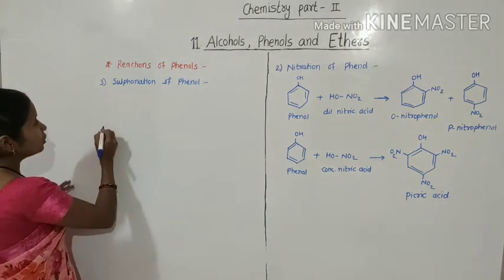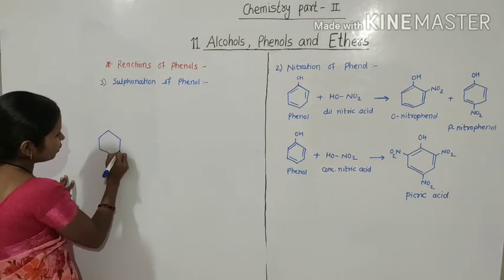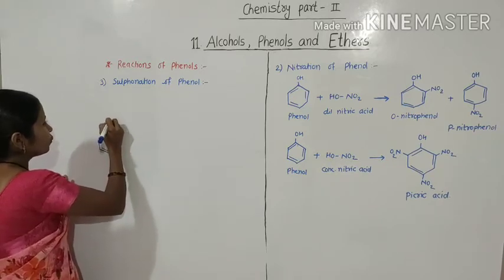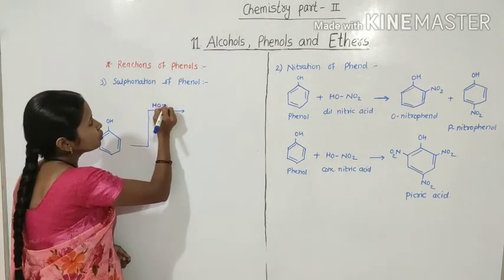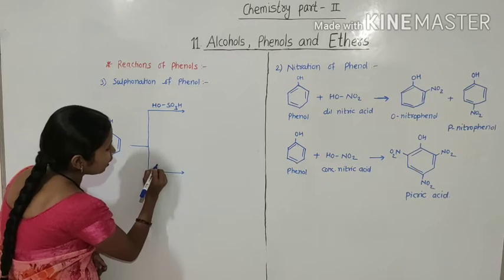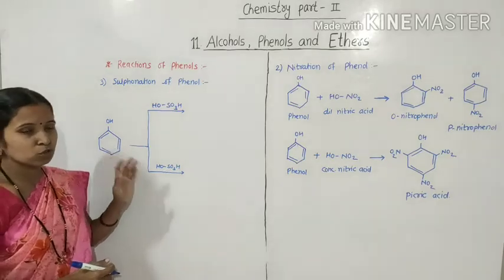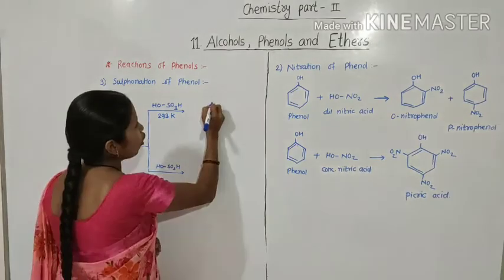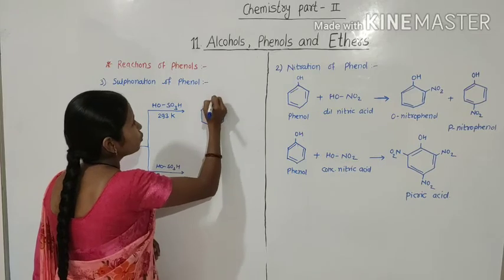Let's see the reaction. Here phenol reacts with H2SO4, that is OH-SO3H. So phenol reacts with H2SO4 at 293 Kelvin to form orthophenol sulfonic acid.